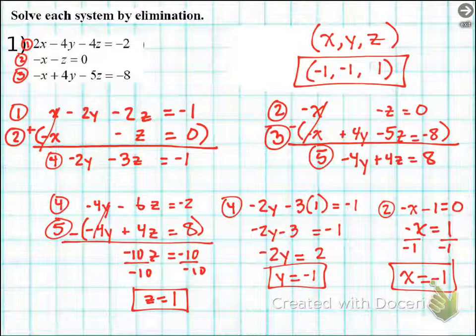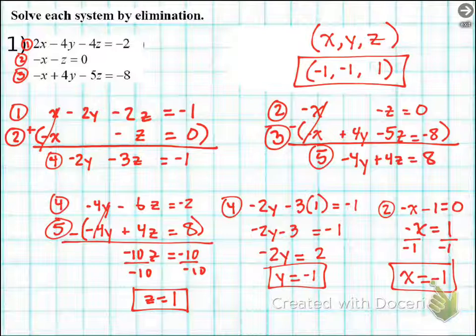I eliminated the x's to get a new equation 4. Did the same thing with equation 2 and 3. Eliminated x's there to get a new equation 5. So all I have is y's and z's. I put 4 and 5 together. Before I put 4 down, I modified it again. I subtracted to eliminate to get to z. Then I substituted z back in equation 4, and I got y is equal to -1.